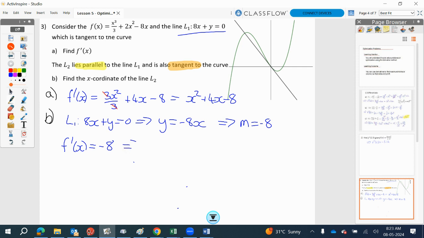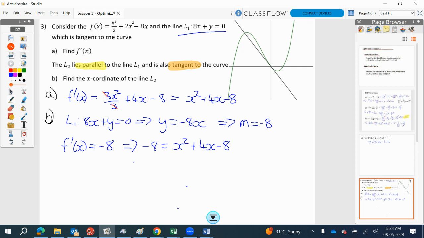So this implies that minus 8 is equal to x squared plus 4x minus 8. Do we want to solve that one or simplify it first? There's an easy simplification, isn't there? What's the easy simplification?